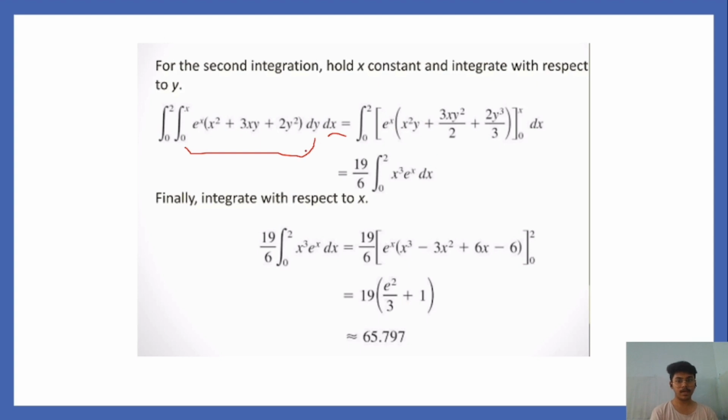Once after integrating with respect to dy, we'll get an answer that is 19 by 6 times the integration with limits 0 to x of x cube e to the power x dx. Finally, we integrate this answer with respect to dx, which gives 19 by 6 of e squared by 3 plus 1, that is equal to 65.79.